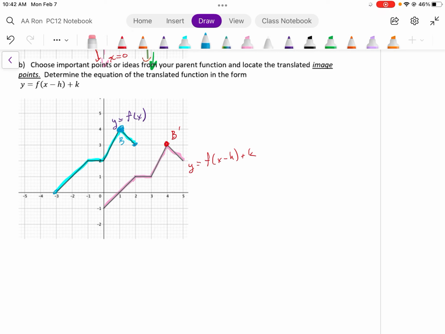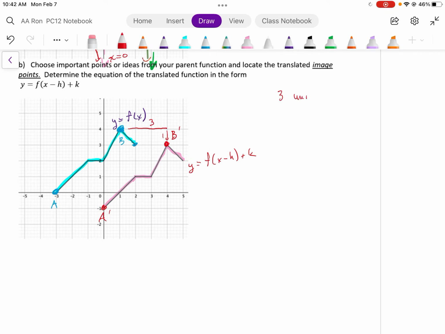And just for fun, I'm going to call this point A, and it's going to move to A primed. Well, how did point B, which is the top of the mountain, move to the top of the mountain? Well, B looks like it moved 3 units to the right and 1 unit down.